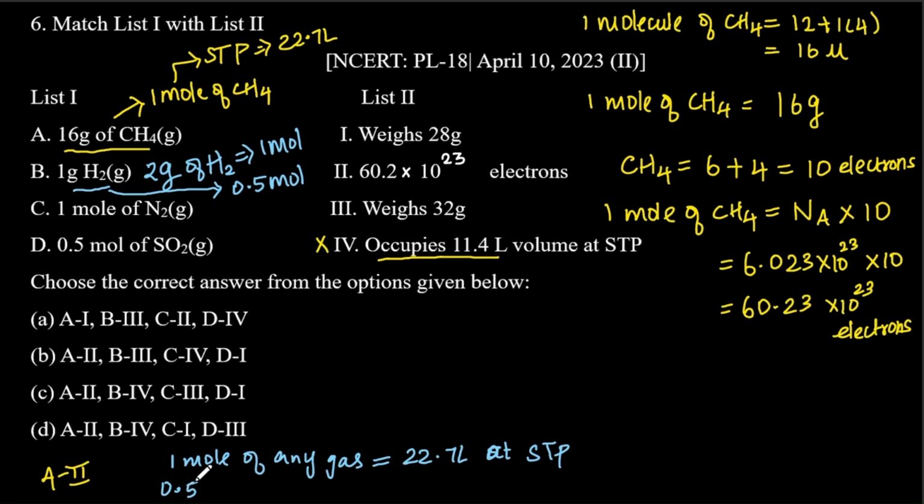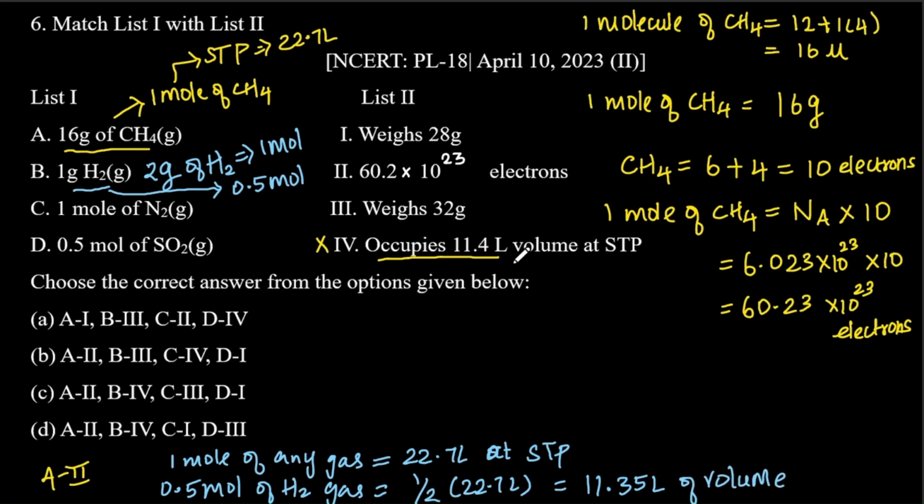Here 0.5 mole of H2 gas is present, so it is going to occupy 1 by 2 of 22.7 liters. So the answer is 11.35 liters of volume, which we can round off to 11.4 liters. So for option B, the correct pair is the fourth one.